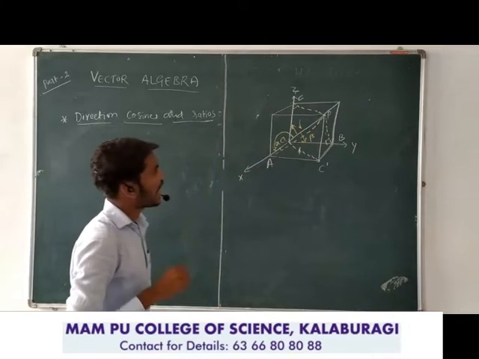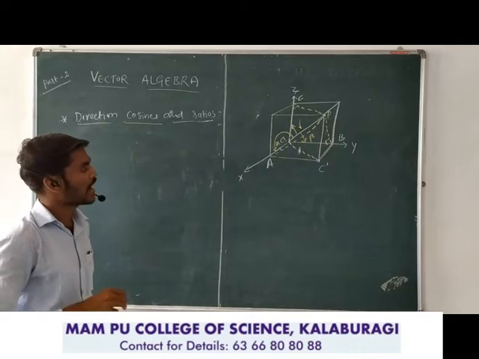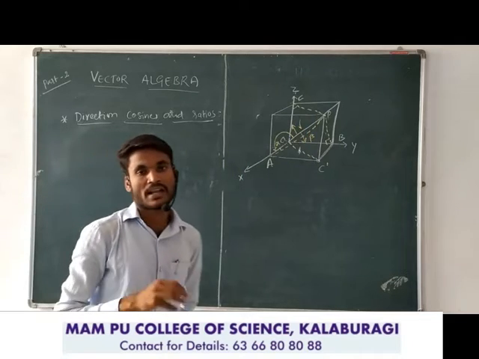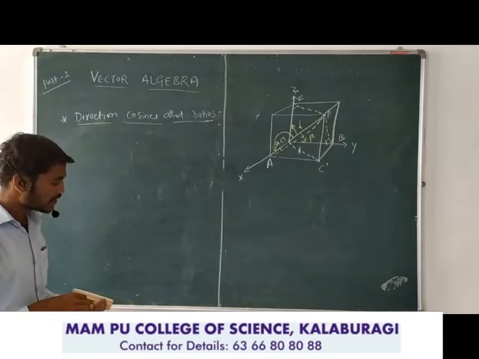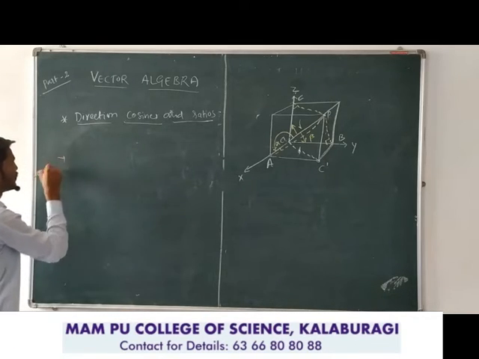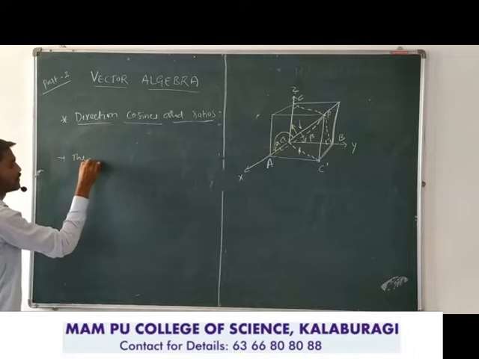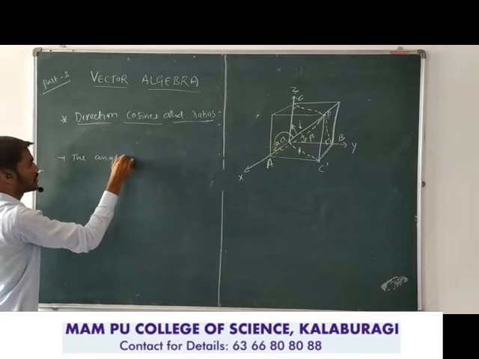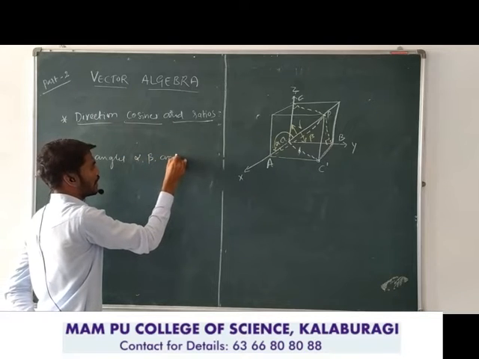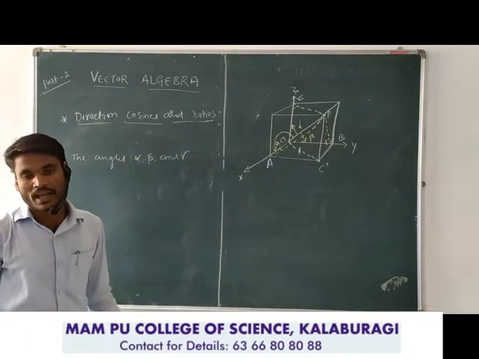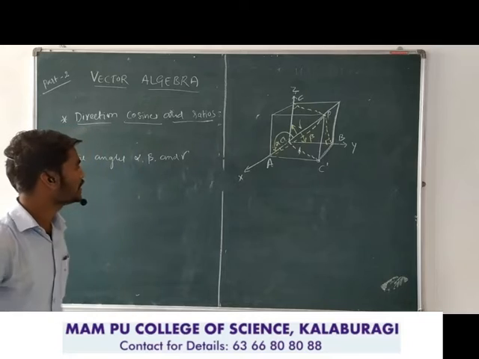These are the angles we call direction angles. What are the angles? Alpha, beta and gamma. These are the angles made by the vector.